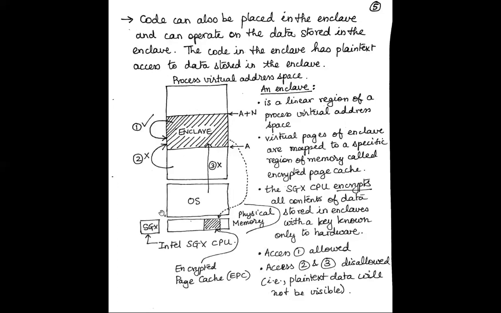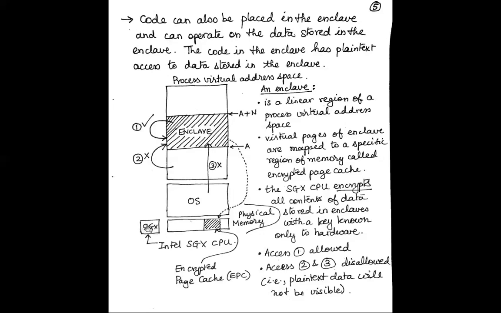In fact, there is no API or instruction even to go and read what that key is. Only the hardware knows the key. The operating system doesn't know the key. The process doesn't know the key. Nobody else knows the key. SGX, the hardware alone generates the key, and the key is stored internally inside the CPU package, and nobody can retrieve that key.